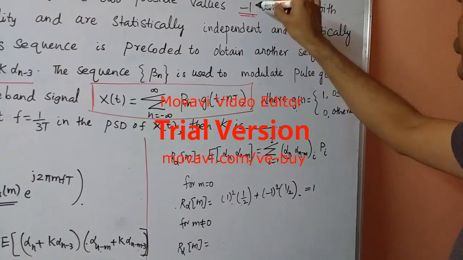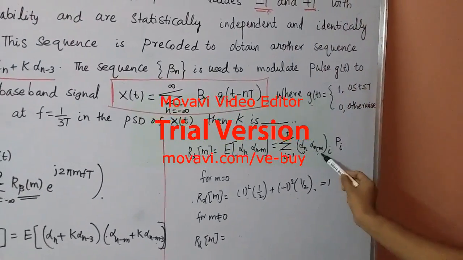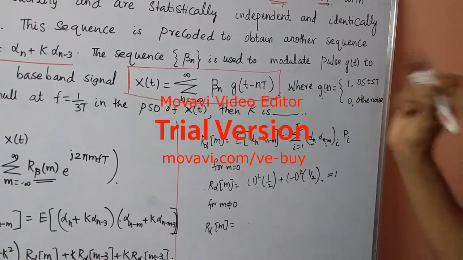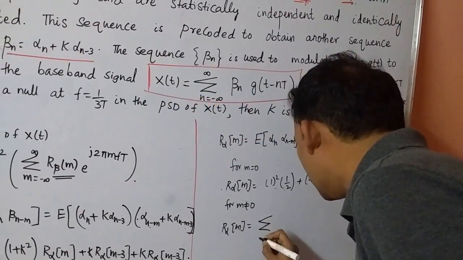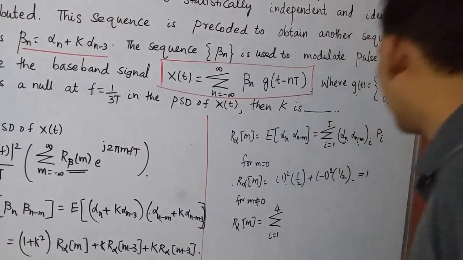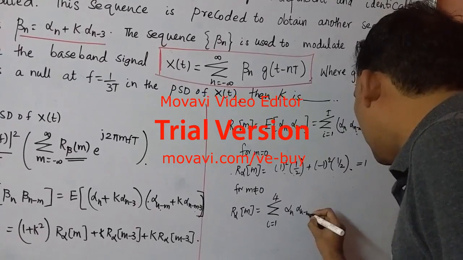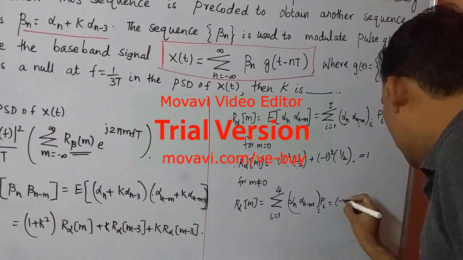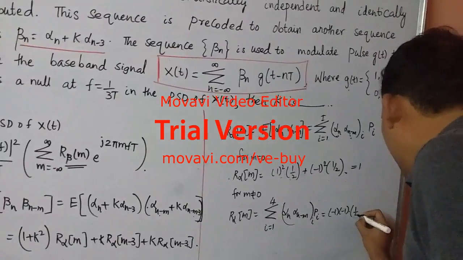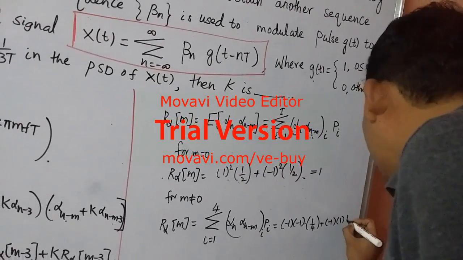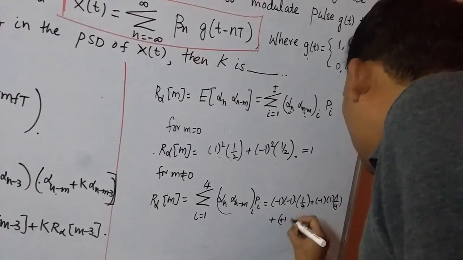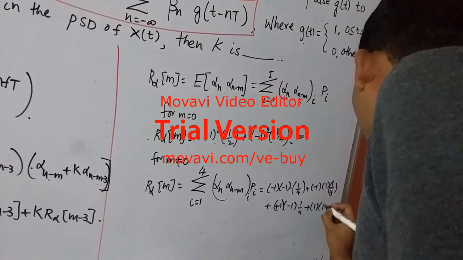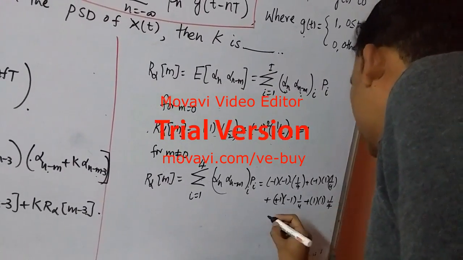Similarly, if the present sequence is plus 1, then the shifted version might be plus 1 or minus 1, so 4 possible combinations exist. So the summation i equal to 1 to 4 of alpha n into alpha n minus m into p i is minus 1 into minus 1 with probability 1 by 4, plus minus 1 into 1 with probability 1 by 4, plus 1 into minus 1 into 1 by 4, plus 1 into 1 into 1 by 4. So this is equal to 0.